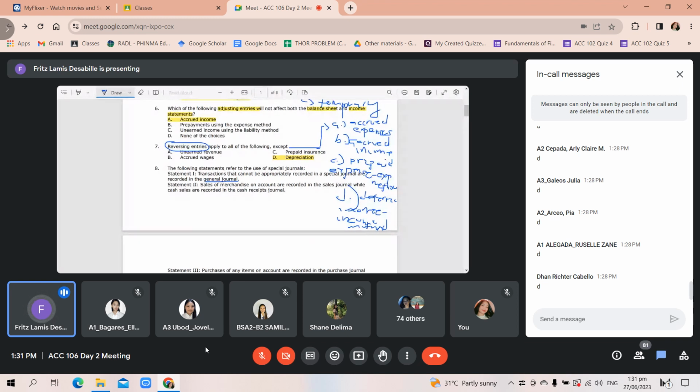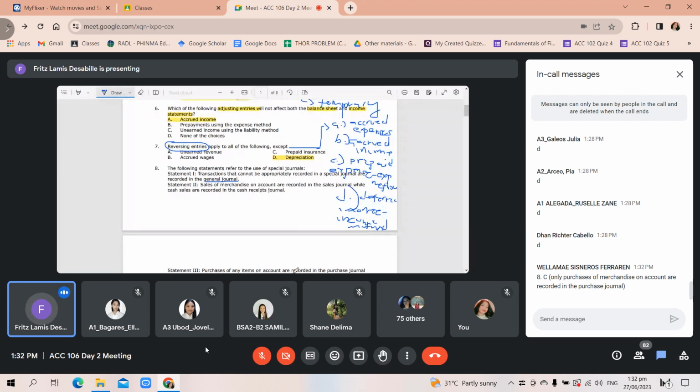So statement 1 is correct. Sales of merchandise on account are recorded in the sales journal, while cash sales are recorded in the cash receipts journal. So correct or wrong?